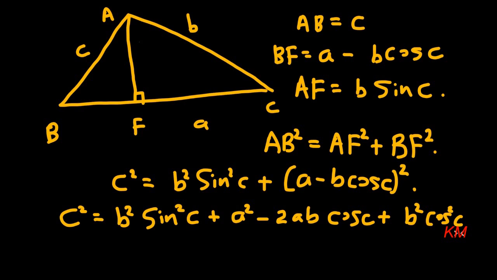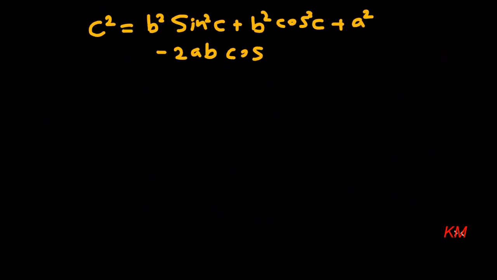Now we need to add this b square sin square C and b square cos square C. Now we need to simplify this equation into a very simple format.